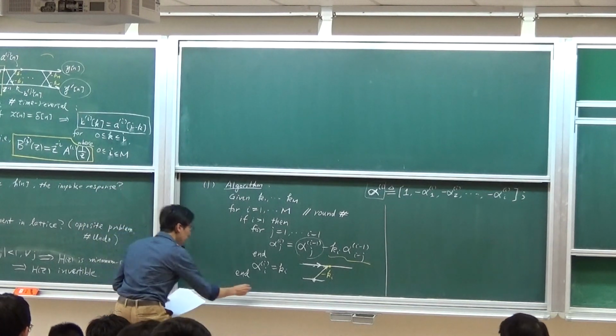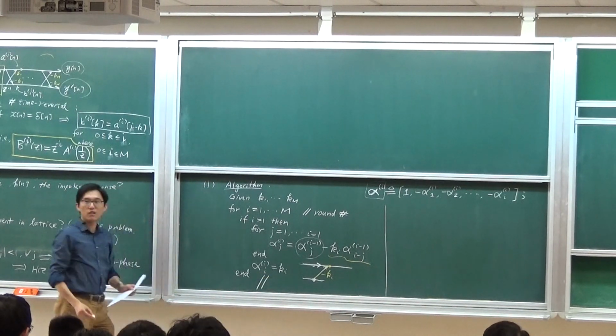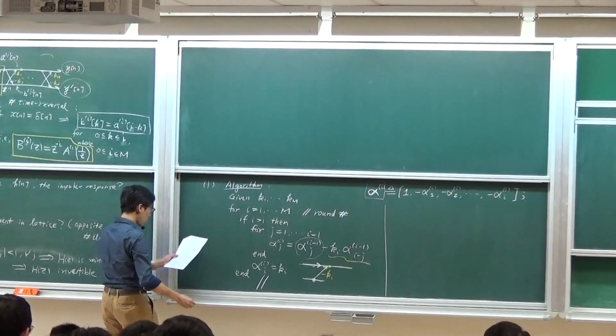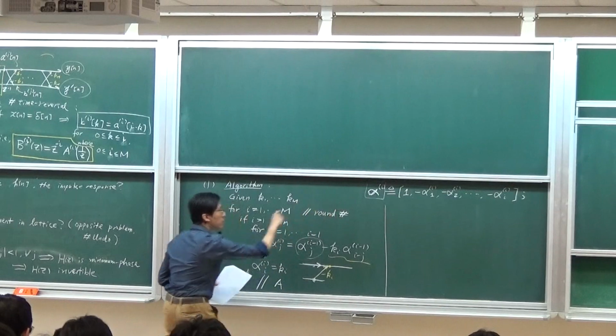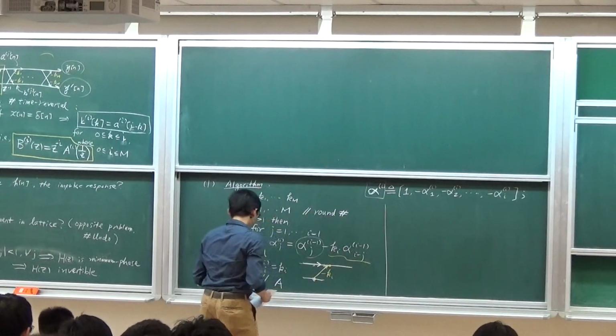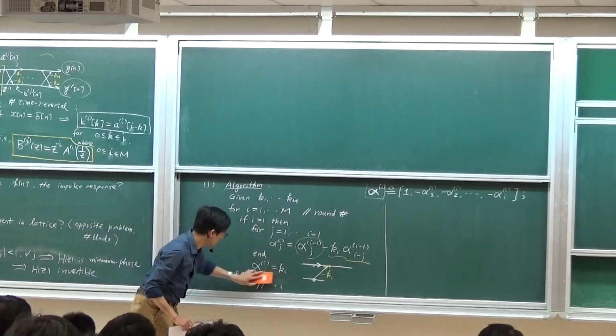So let me put a comment. When we finish the double loop, we'll get this vector. Let me put my comment to the right, because it's too low here.